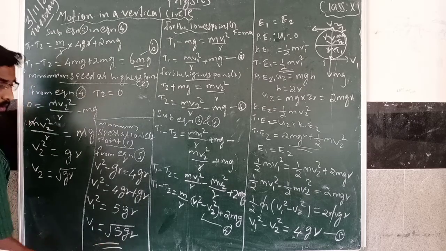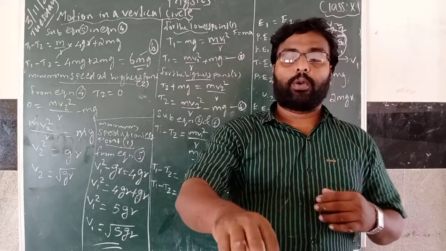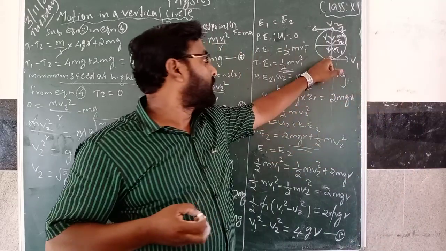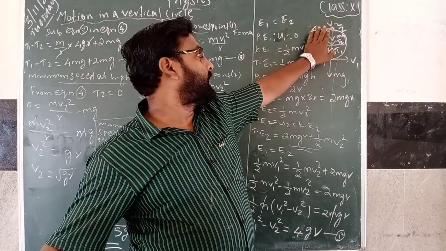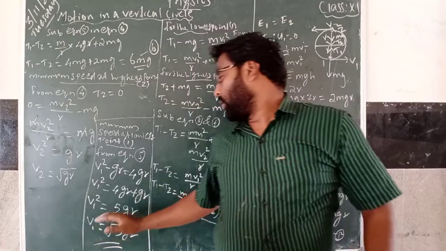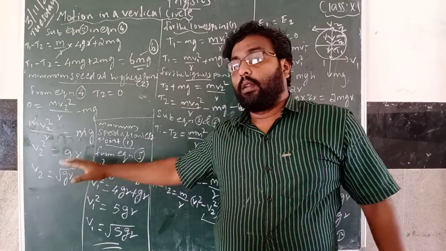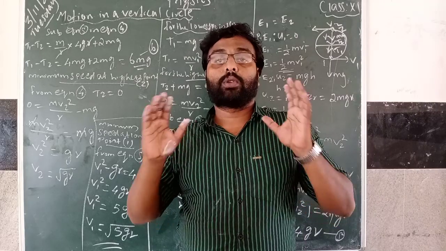This is the velocity at the point 1. V1 is equal to root 5gr, and the velocity at the point 2, V2, is equal to root gr. So from these two equations we can find the motion.